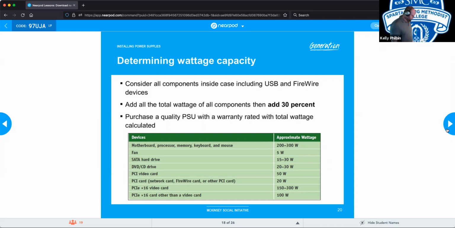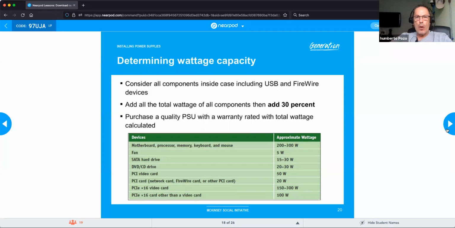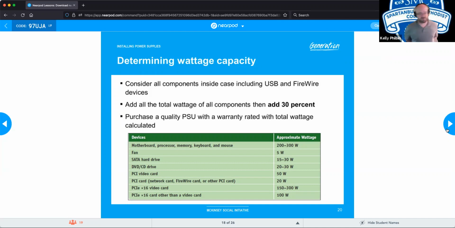Yes, Humberto. You also have to consider the watts of the peripherals that you are going to plug in. Yes, so if you're going to have speakers, USB microphones, all that fun stuff, you do need to take that into account as well. Thank you, Humberto. So all of that needs to be taken into play when you're doing it.